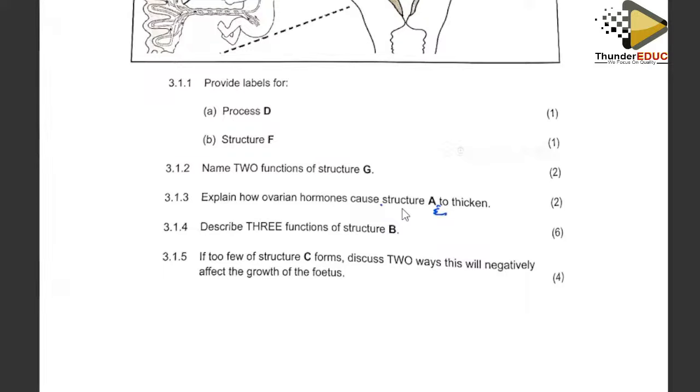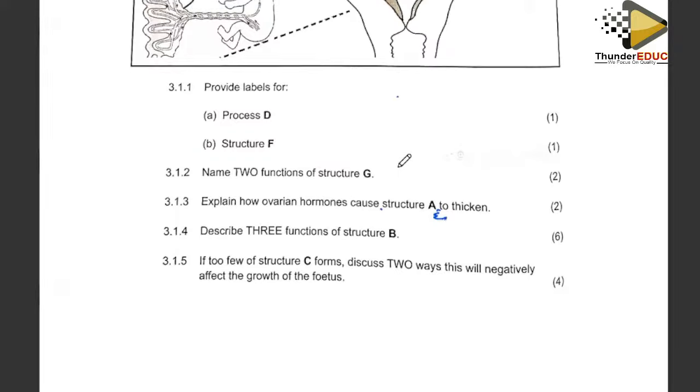One of the ovarian hormones, these are hormones which are produced. They work in the ovary. Do you understand? They work in the ovary. What do they do?